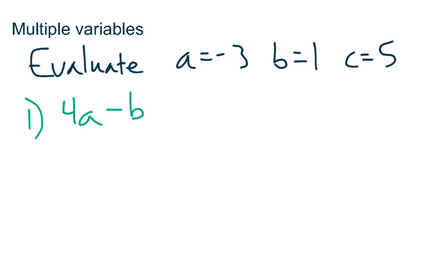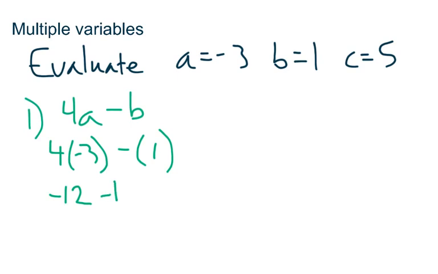So what we're going to do is plug in or use parentheses to substitute, and then we'll use order of operations. So 4 times -3 minus, in parentheses, 1. And so what we're going to get from this is 4 times -3 for -12 minus 1, -13. And that's our final answer.